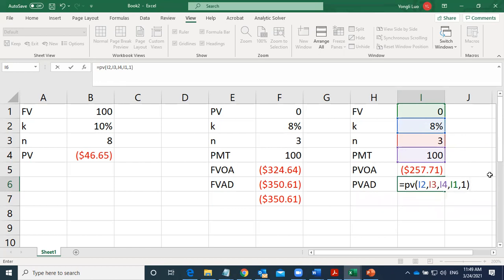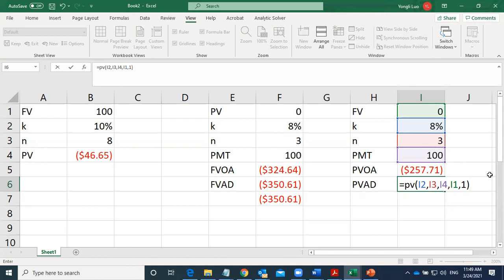I have several questions in your assignment. If the assignment doesn't mention that the payment was made at the beginning, you just assume the payment was at the end. At the end is the default. Unless it mentions that the payment was made at the beginning, you consider it an annuity due.